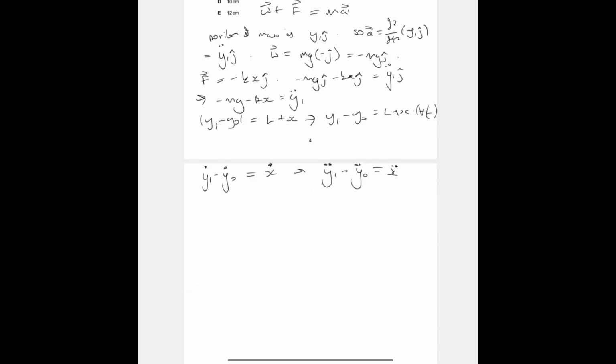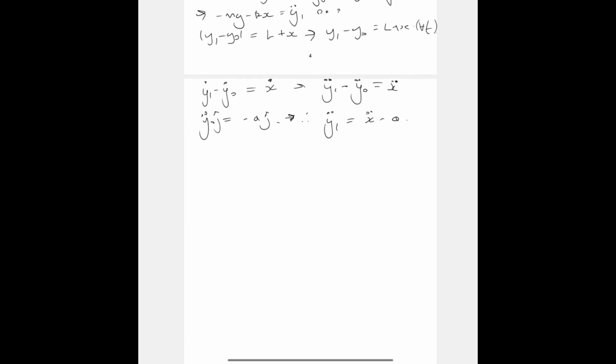So all that to say that y0 double dot equals minus a j. Therefore y1 double dot equals x double dot minus a. Is it plus a? No, sorry, minus a. Got my signs confused.